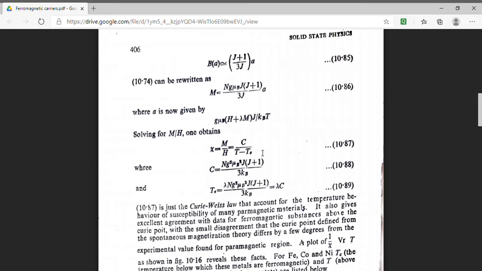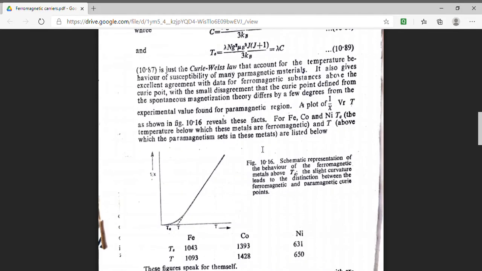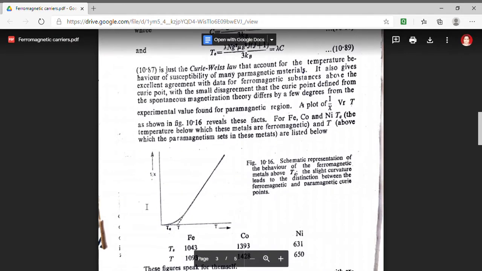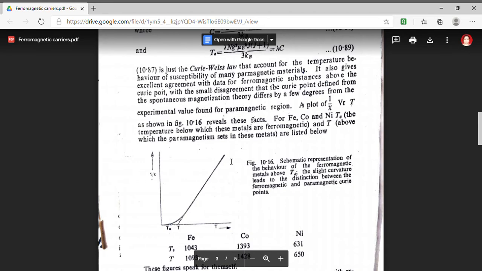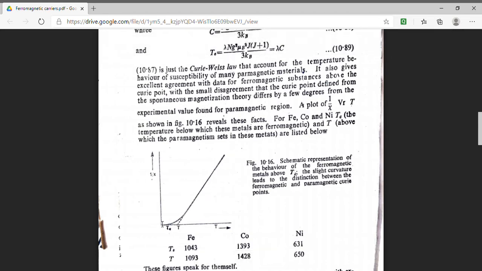It will be evident from the graph of 1 by chi versus T. We are plotting this for ferromagnetic materials, iron, cobalt and nickel. This is the graph for 1 by chi with T. It can be seen that there is a slight difference between these two graphs.